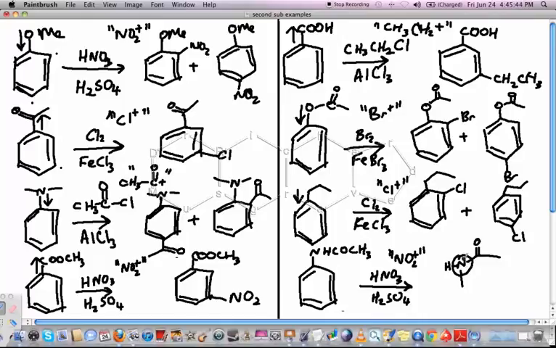And since it has a lone pair, it's going to be delta minus, which means that it's going to donate electrons into the ring, and it's going to be activating. So again, we don't worry about the C double bond O because it's not the group that's connected to the aromatic ring.